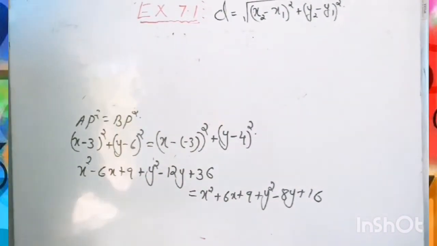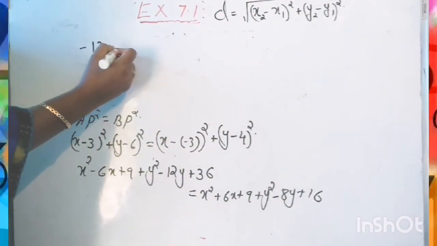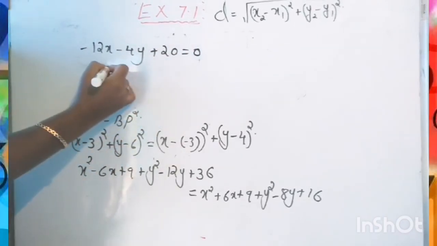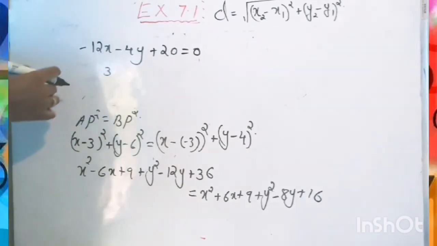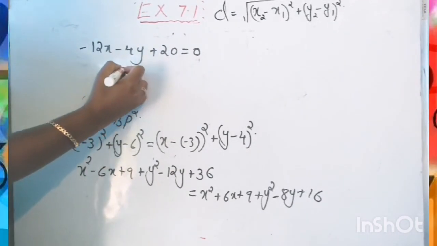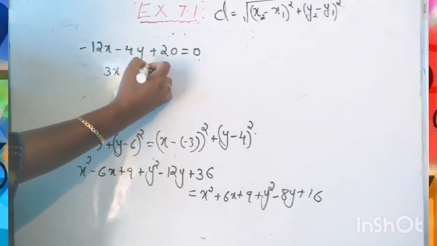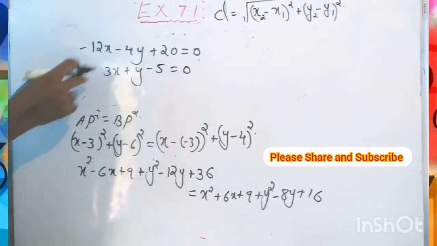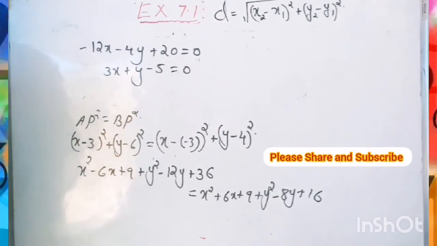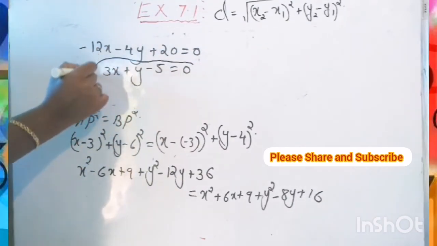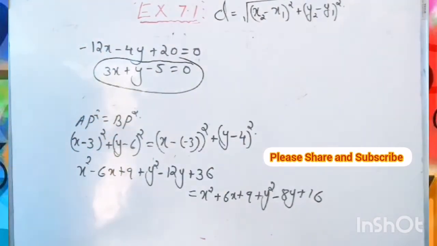That becomes minus 12x minus 4y plus 20 is equal to 0. Divide this equation throughout by minus 4, then we will get 3x plus y minus 5 is equal to 0. This is our required relation between x and y.